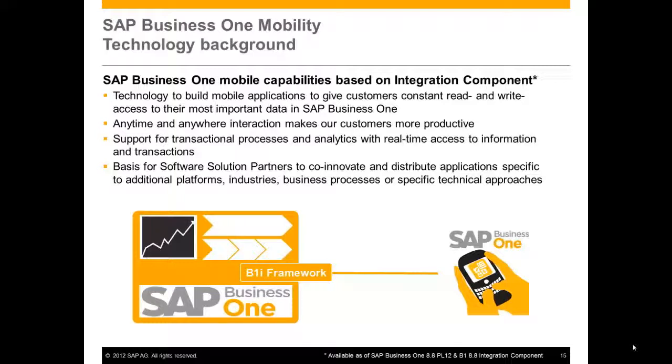And the integration component also provides the basis for our software solution partners to co-innovate and distribute applications specific to additional platforms, industries, business processes, or specific technical approaches that they might have.